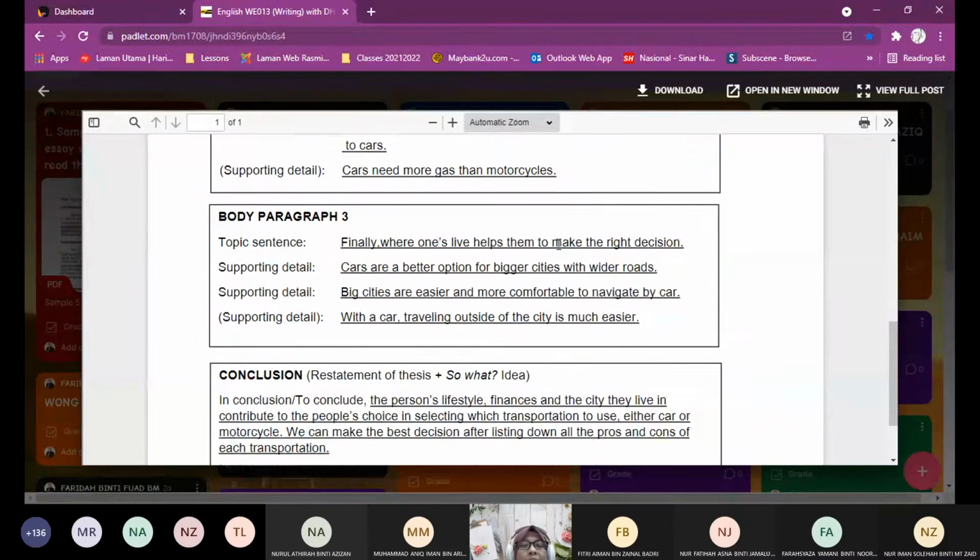Okay, and then the last main point, finally, the city. Talking about the place you live also helps you to make the right decision. If you are living in a city, which one do you think is a better idea? Car or motorcycle? Big city, motorcycle. Even for girls, you can get a scooter, right?